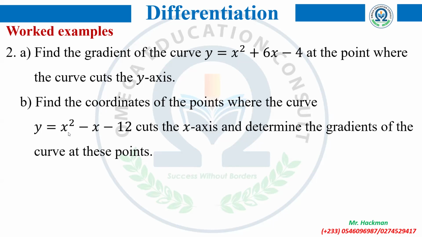So you take the first point, you put the x coordinate into your dy/dx, which is 2x - 1. So your first x coordinate, you put it there, and that will give you the gradient of the curve at that point. And your second x coordinate, you put it into your dy/dx function, and that will give you the gradient of the curve at that particular point too. As simple as that. So this is where I ended.